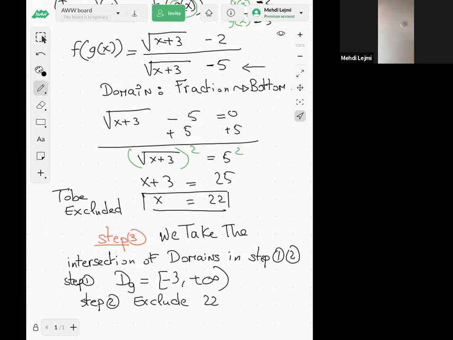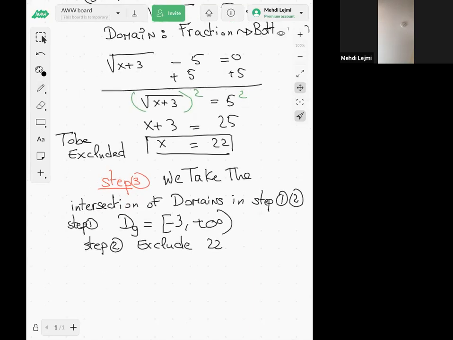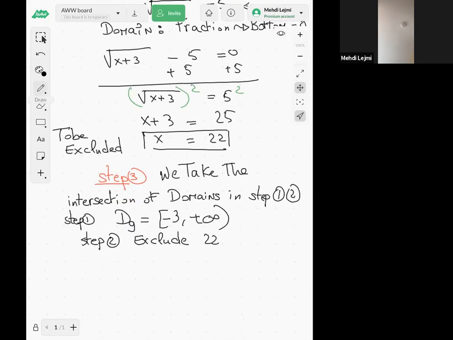All right. So then, from my number line, this is -3. Here's 22. So I have to take -3 and exclude 22.